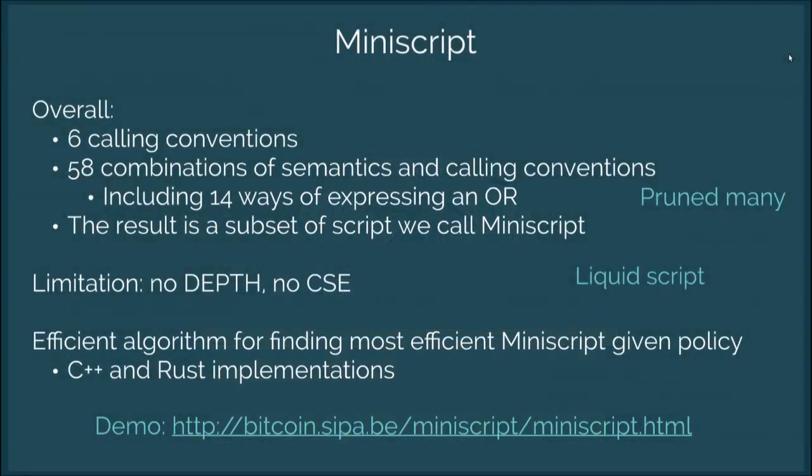So overall, if we look at all the things we looked at, we end up with 6 calling conventions for each of the policy constructions. We ended up with 58 combinations of different execution semantics combined with different semantics, including 14 ways of expressing an OR.